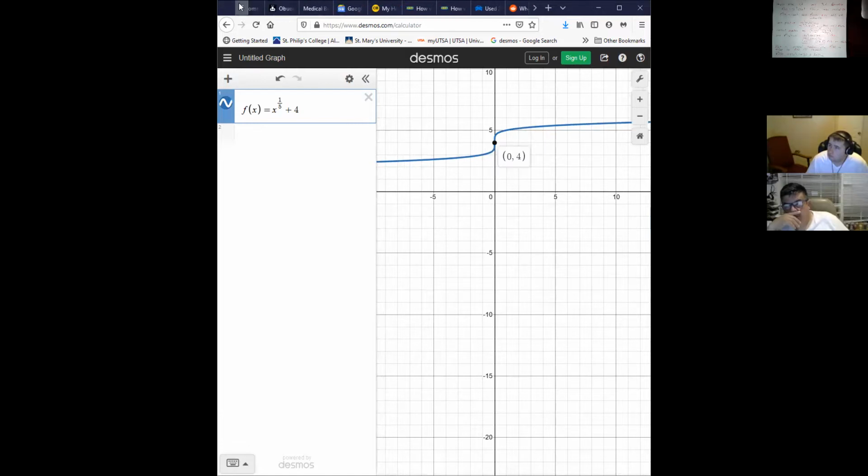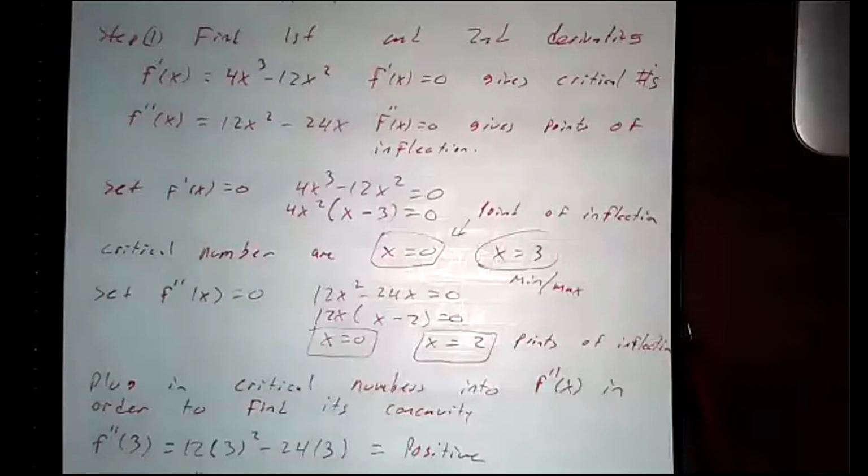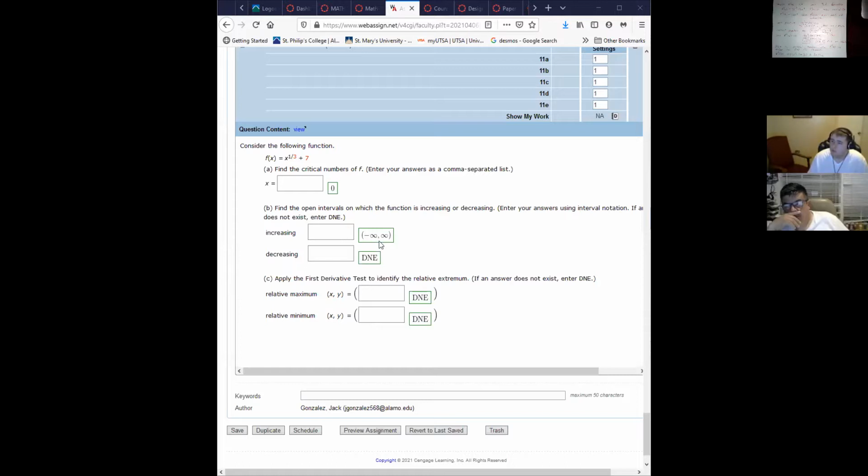Let's go look at the question again. Yeah, it looks like you just put increasing everywhere, and then there is no decreasing place. This should take it.